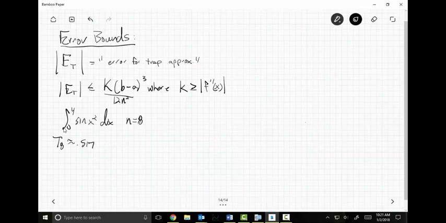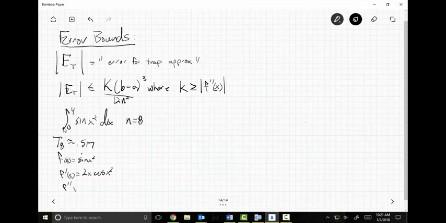All right, now what's the first thing that we got to do? Well, I got to figure out what K is. I know that f of x is equal to sine of x squared, right? So I know that f prime of x is equal to 2x cosine of x squared, because of chain rule: derivative of sine of blah is cos blah times d blah, which spits out 2x.